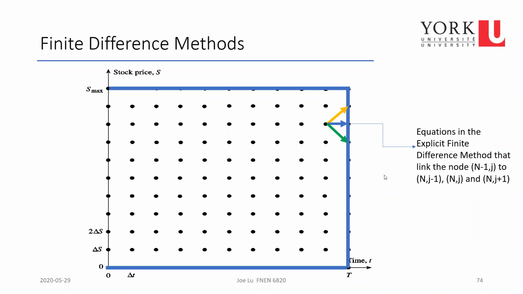Graphically, what you have seen here is you're linking this point with 3 points to your right. For implicit, you're linking 1 point here to 3 points here. But for explicit, you're linking 1 point here to 3 points here that is 1 time step further.